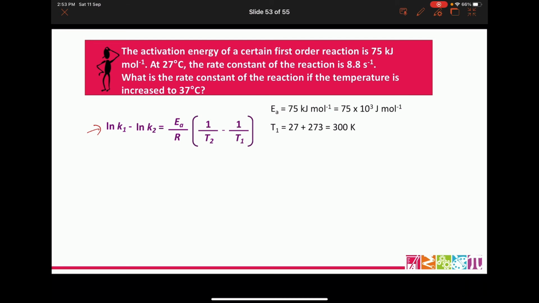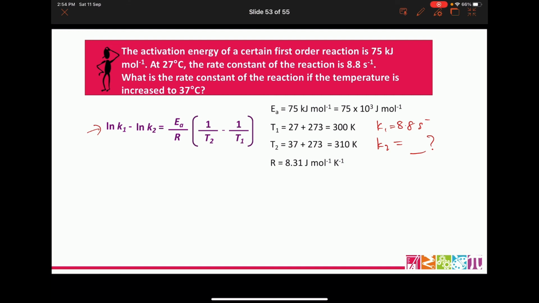When T1 is 27 degrees Celsius, k1 is equal to 8.8 per second. So what is k2 when T2 is equal to 37 degrees Celsius, which we can change into 310 Kelvin, and then R is equal to 8.31 joule per mole per Kelvin.